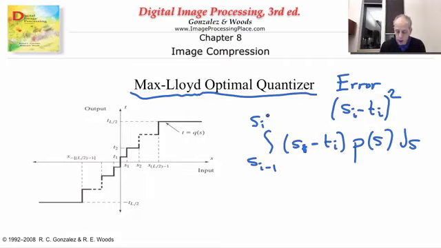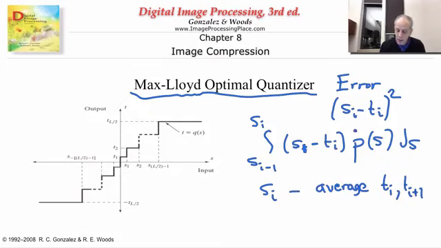So that's one equation, where the unknowns, the borders of the intervals we're trying to find, appear in the integral part, and the representative appears here. But we can get a second equation. You can actually show that the S sub i are the average of T sub i and T sub i plus 1.